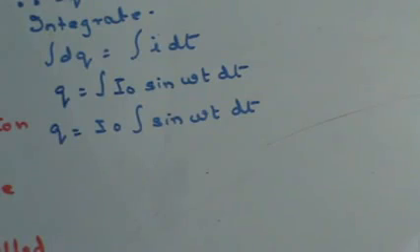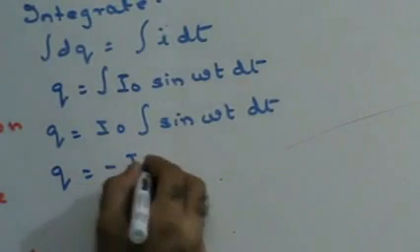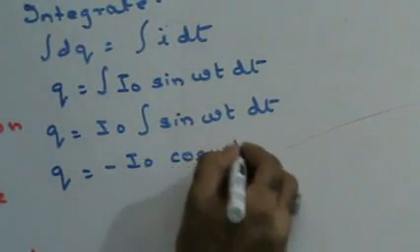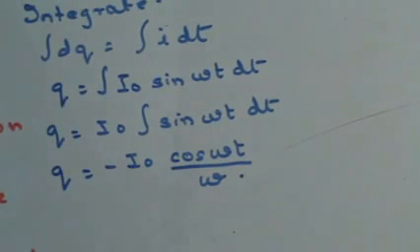Integral of sine theta is going to be nothing but minus cos theta. So Q is equal to minus I0 cos omega t upon omega. Whatever is the number with x has to come down in the denominator, basic rule of integration.